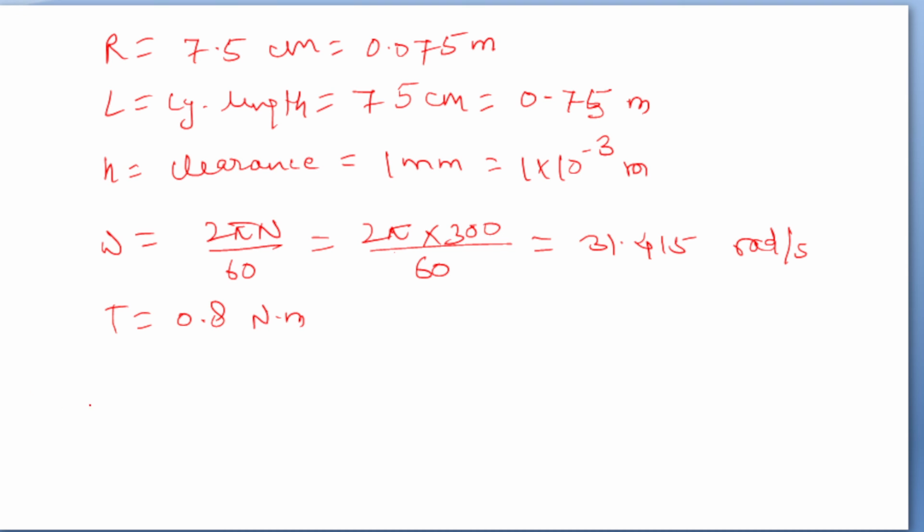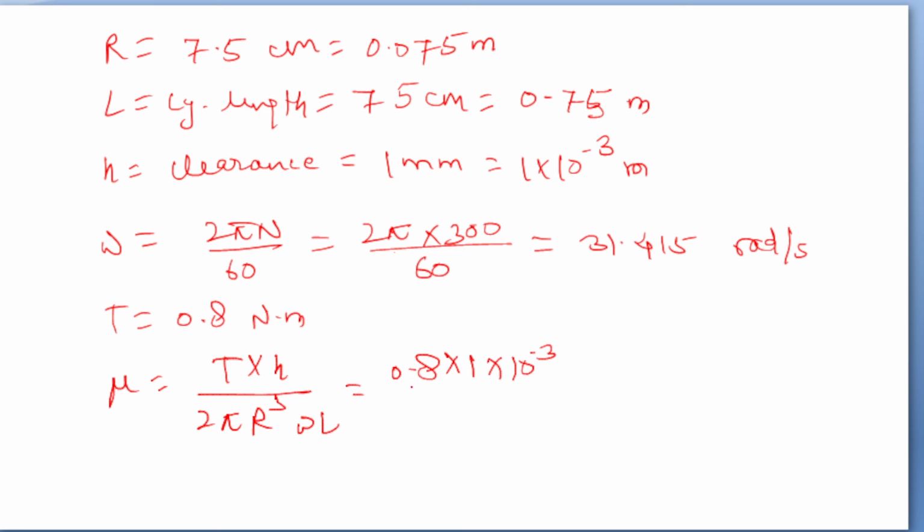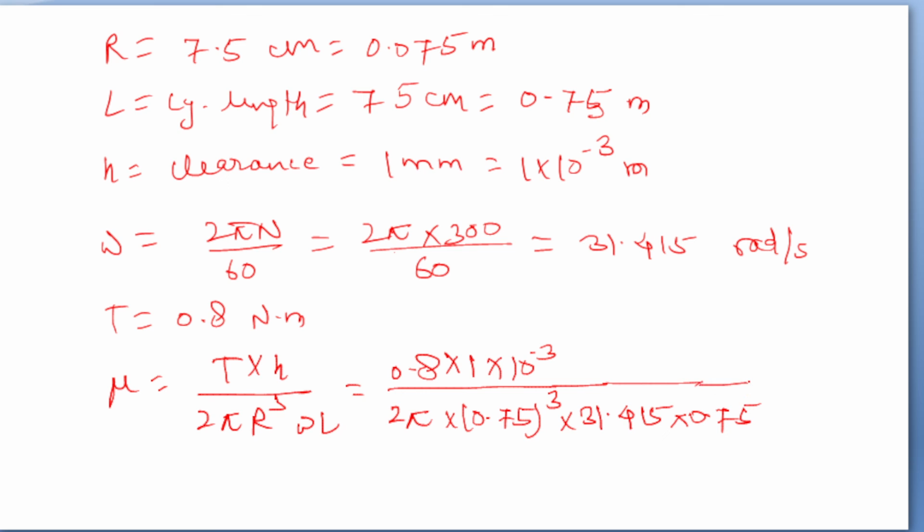Here mu is equal to T into h divided by 2 pi r cube omega into L, which is 0.8 into 1 into 10 to the power minus 3 divided by 2 pi into 0.075 cube into 31.415 into 0.75.